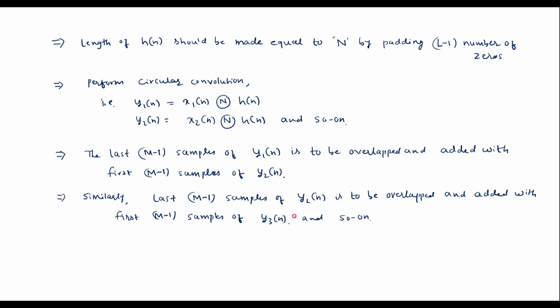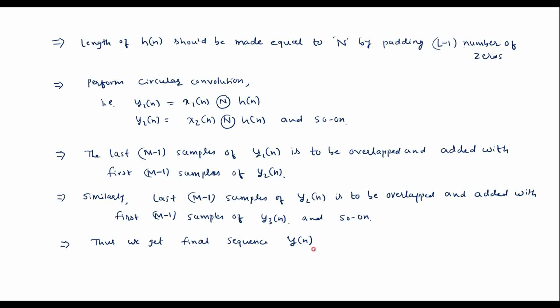So this process is to be continued until all the resultant y of n is considered. Thus, we get final sequence y of n. Now I will consider one simple example.